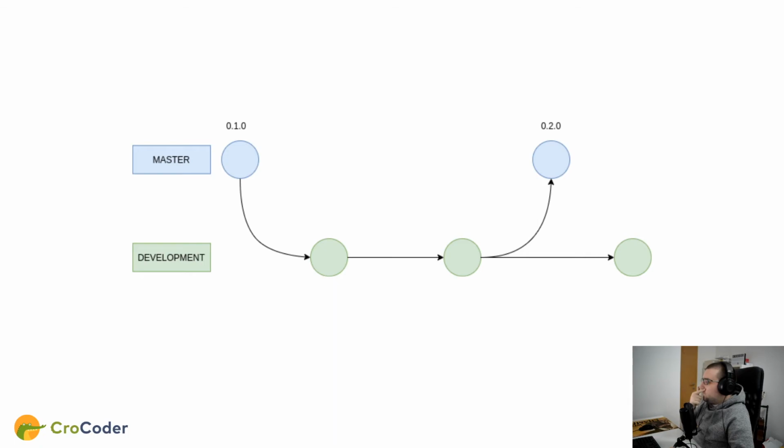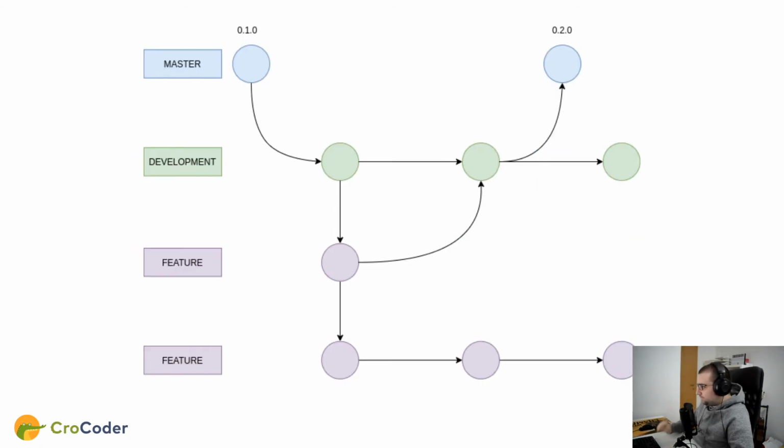That's a big problem. So there is a solution, something called feature branches. Every time we want to code a new feature, we branch to a feature branch.